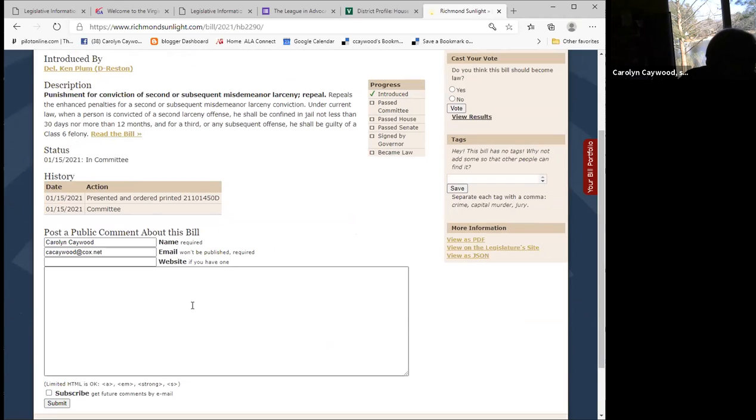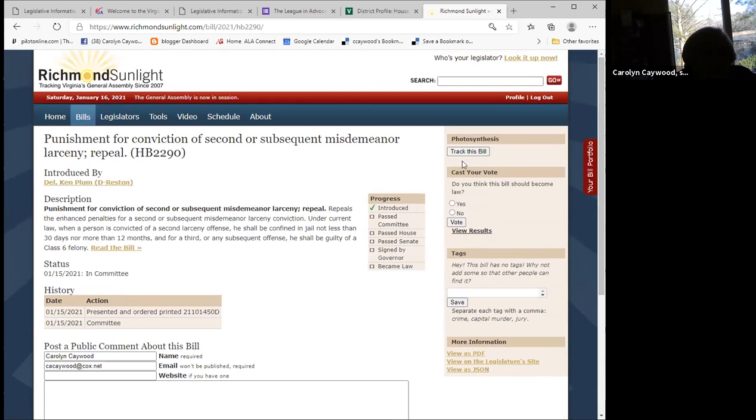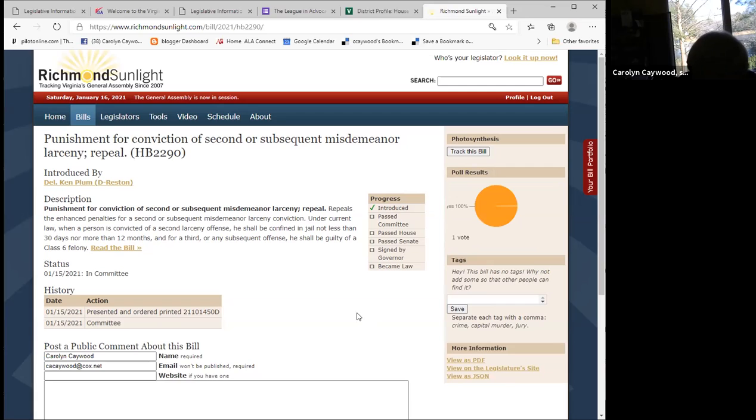You can comment if you have the desire. If you have an account, you can track the bill. You can vote, though I don't know who pays attention to it, but I like this one. And here's how you would tag it.